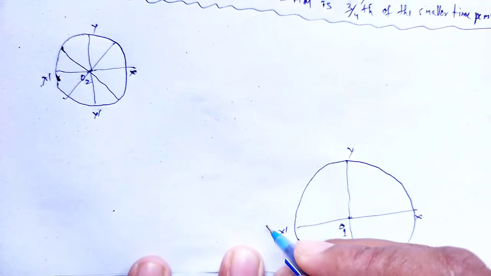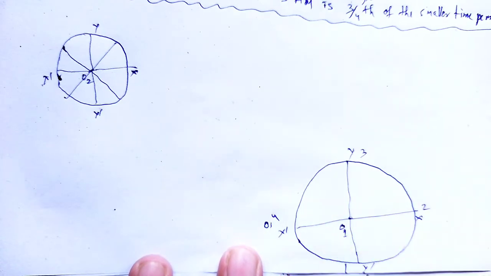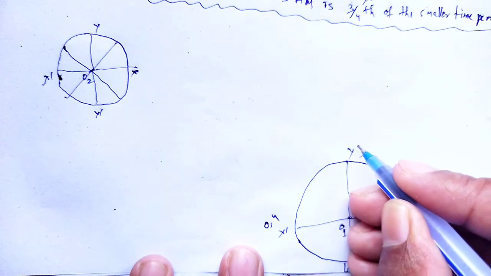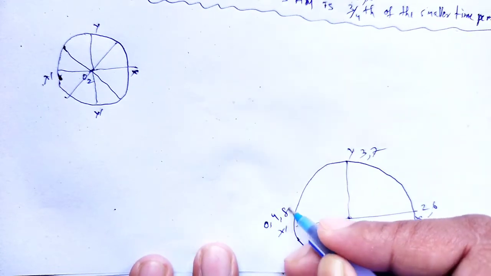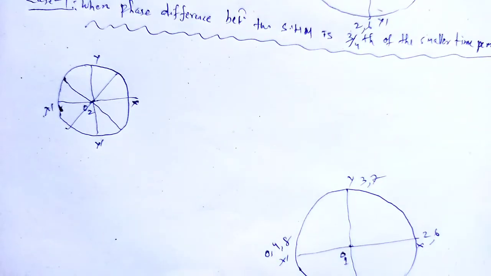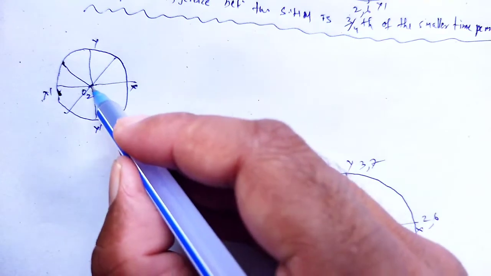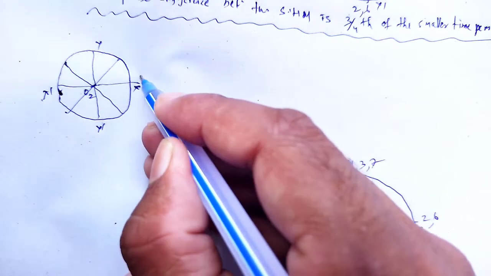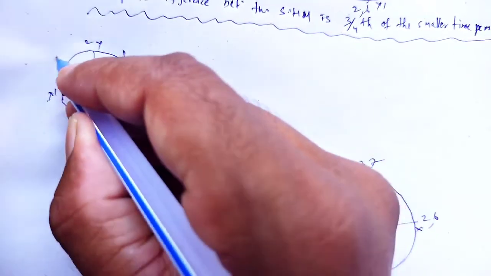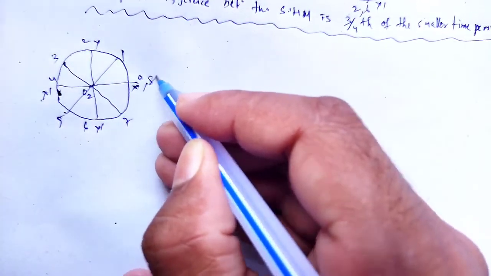The position started here: 0, 1, 2, 3, 4, again 5, 6, 7, here 8. Next, for the case of 3/4, the position started the same way: 0, 1, 2, 3, 4, 5, 6, 7, 8.